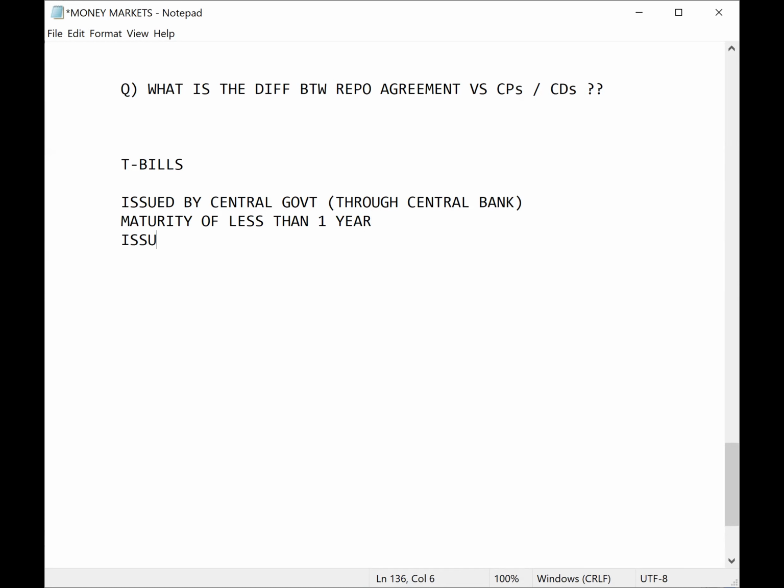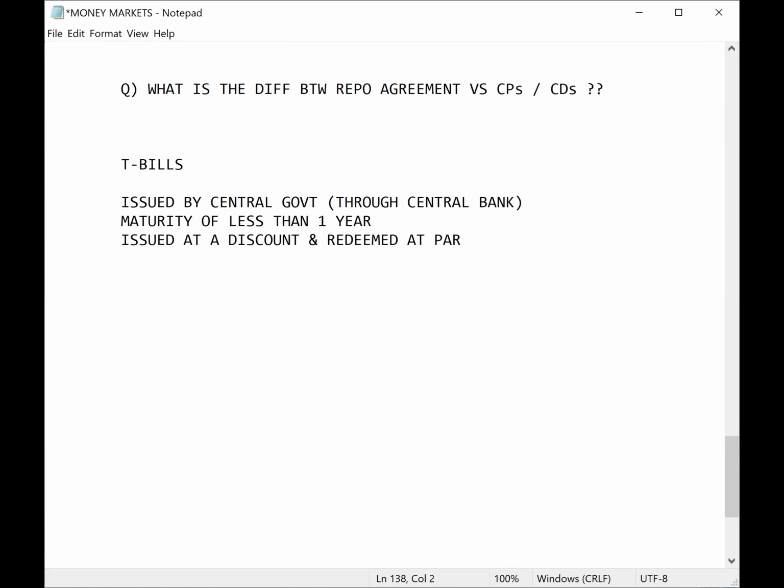Be issued at discount, like commercial paper. Obviously, these are issued in the primary market through a competitive bidding process.